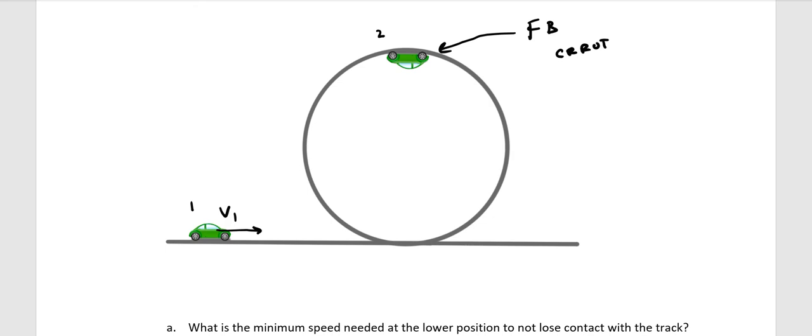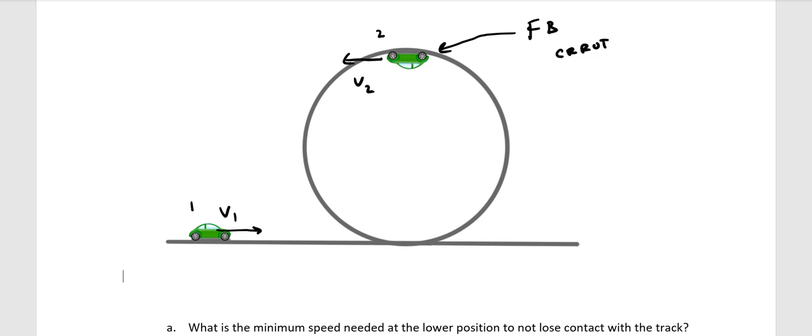Okay, next step. Now we're going to think about the normal a little bit more. If the car were moving really fast at position 2, let's imagine that v2 is a really large number, you would have a very large normal. As you imagine v2 getting smaller and smaller, ask yourself, what would happen to the normal force?